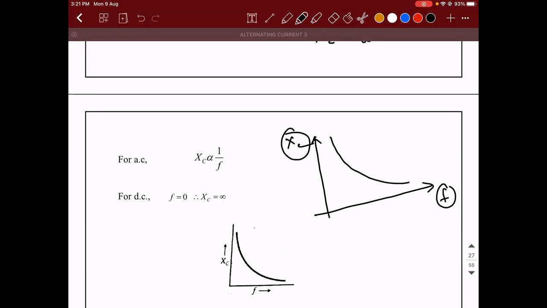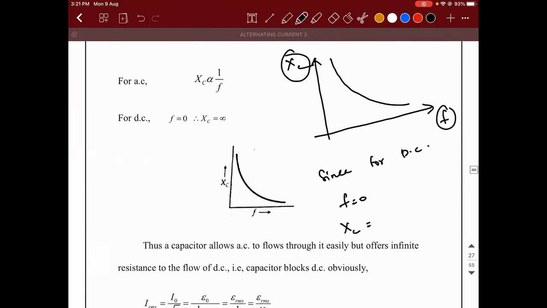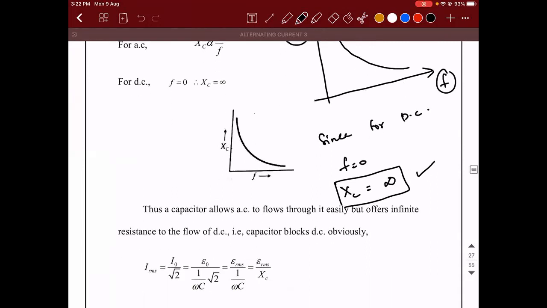And remember one point: for a DC source, f is equal to 0, so what is going to be the value of XC? Since for direct current f is equal to 0, XC will be infinite. From this you can conclude that a capacitor will block DC.